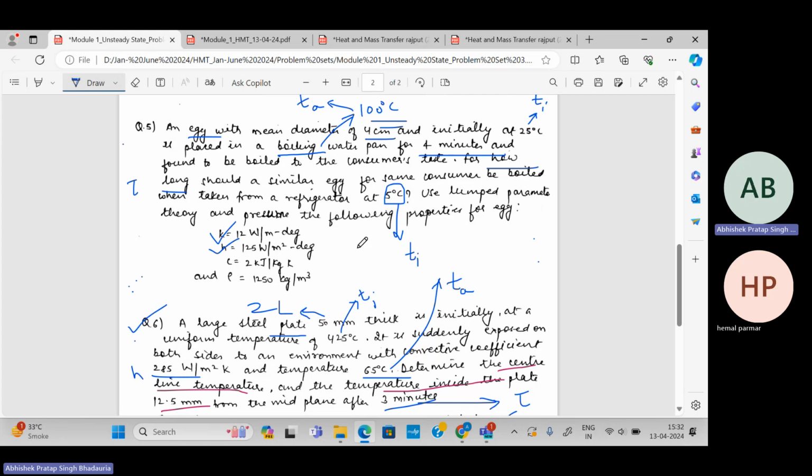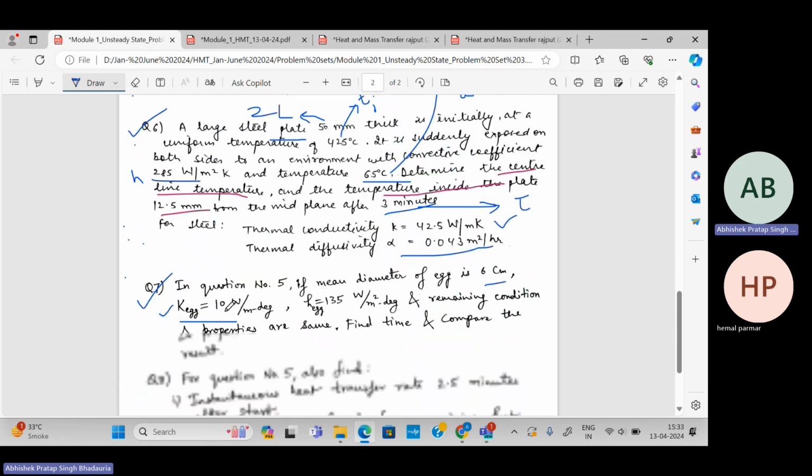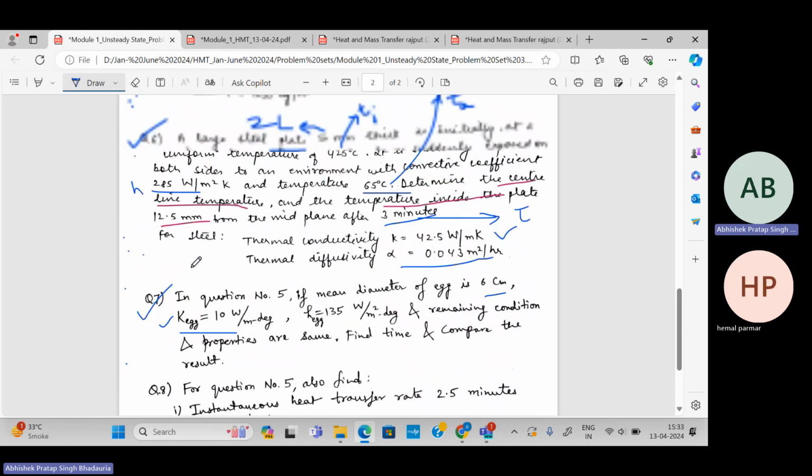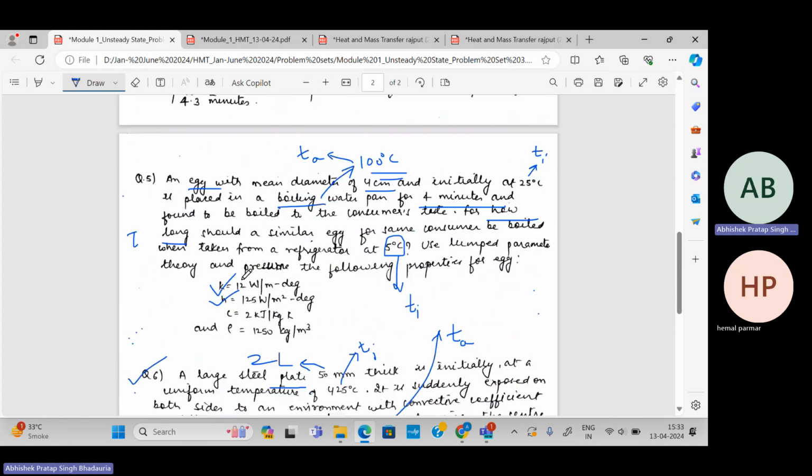So we'll compare our problem 7 result with the problem 5 results. This problem is also solved. You just find the answers of problem 7 and then compare the result of problem 7 with problem 5.